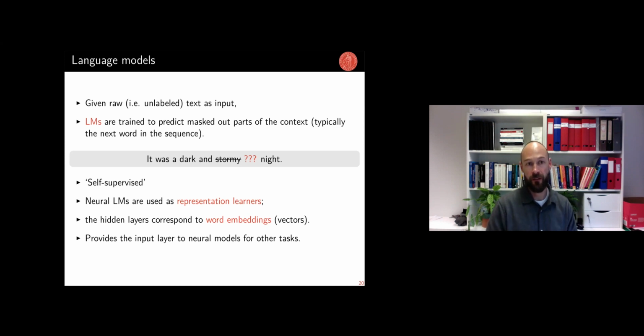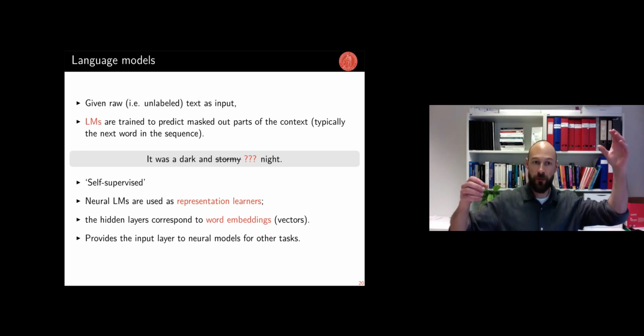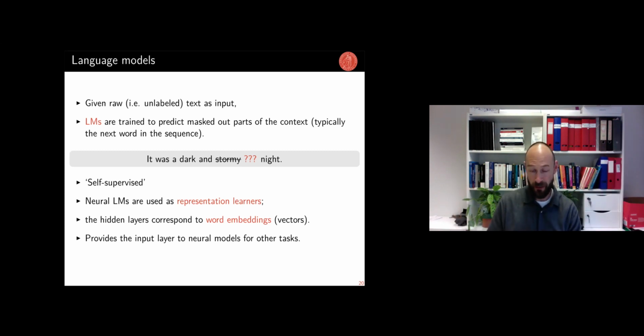So it turns out the hidden layers in the network that encode information about the individual words in the vocabulary are extremely useful for representing words and can be used as the input layer for other neural models that we want to train to solve other downstream tasks.